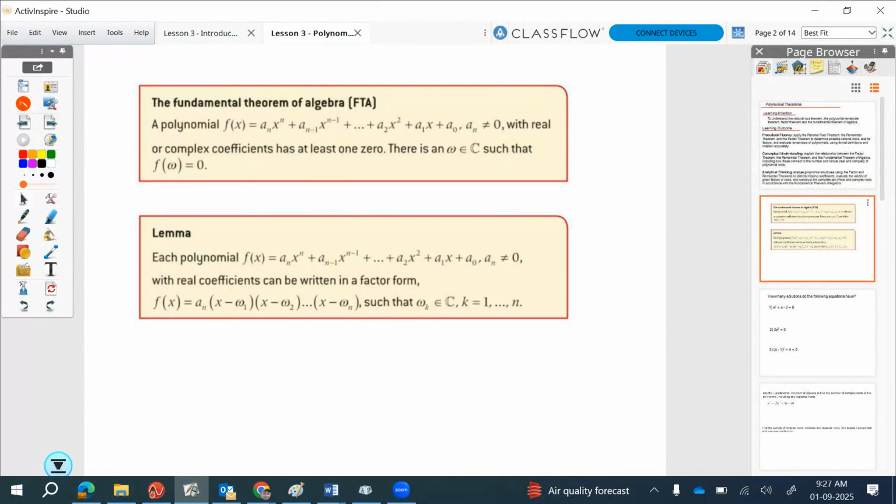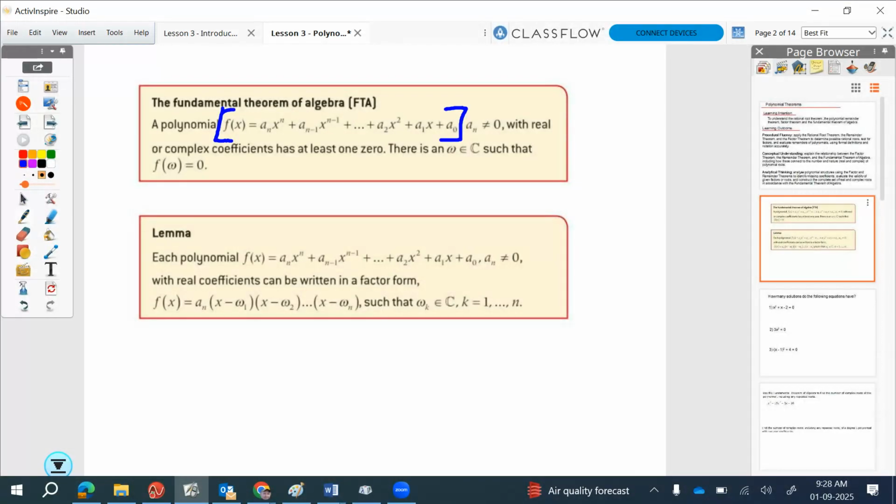This is a formal statement of what we call the fundamental theorem of algebra. We're going to have a go at being able to read this statement. If you see here, we've got a function f of x, which is defined there.